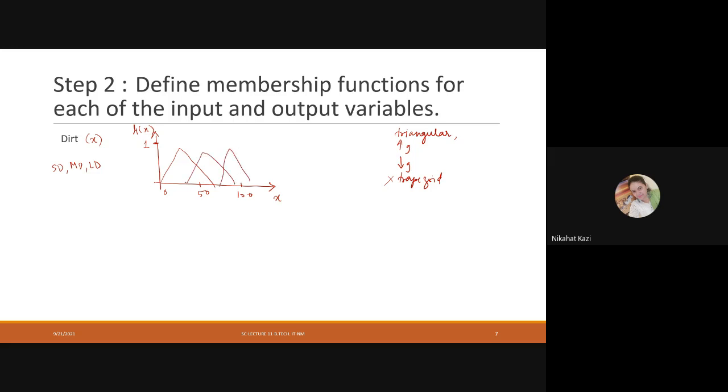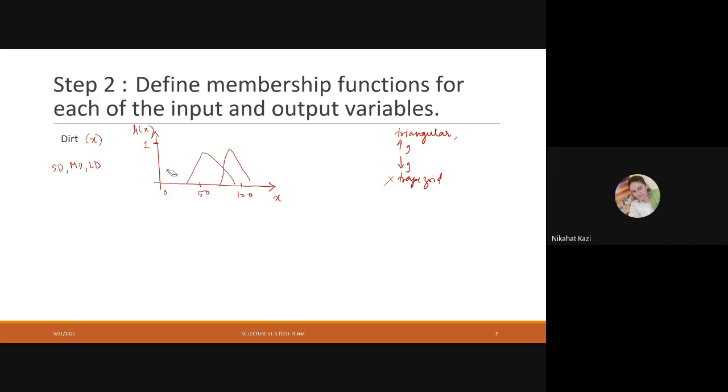Whatever graph I have drawn here is completely wrong. Why? Because small dirt has to have the highest membership closer to 0. I cannot have membership as 0 for small dirt at 0.